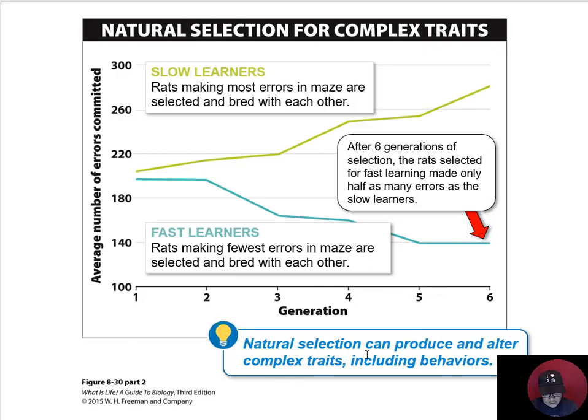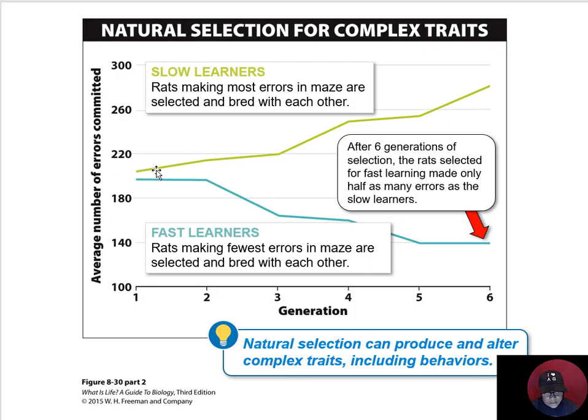They used natural selection to try to produce and alter a complex trait in behavior. So they took these slow learning rats, rats that were making errors in the maze. They were selected for, and then the slow learning rats were bred with each other. And that's in this sort of greenish color.